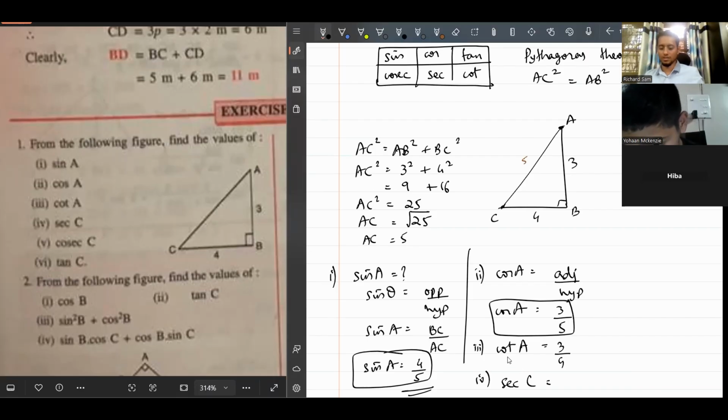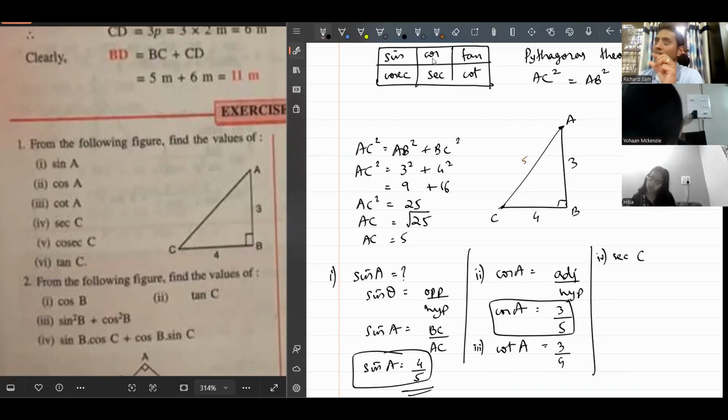So for sec, sec is a reciprocal of cos. And what is the cos formula? Adjacent upon hypotenuse. So sec will be hypotenuse upon adjacent, the reciprocal of cos.